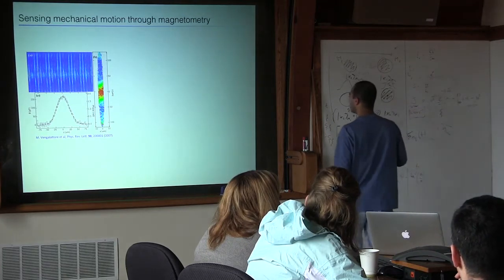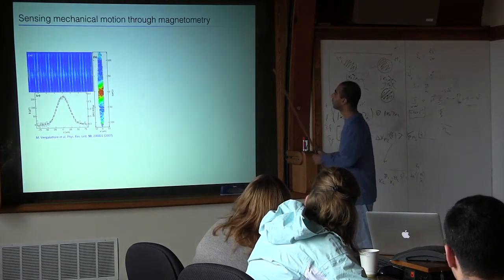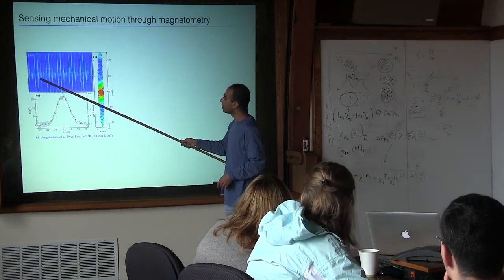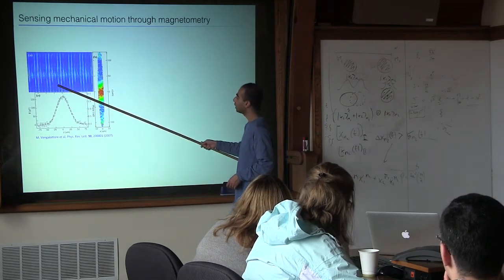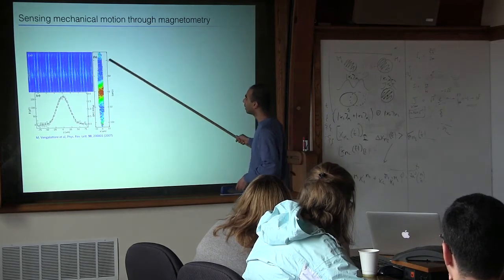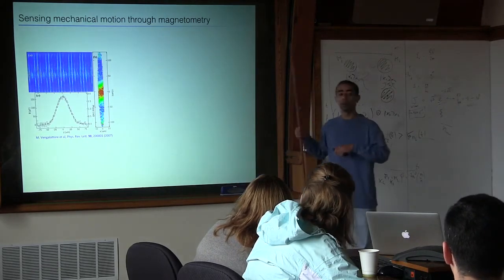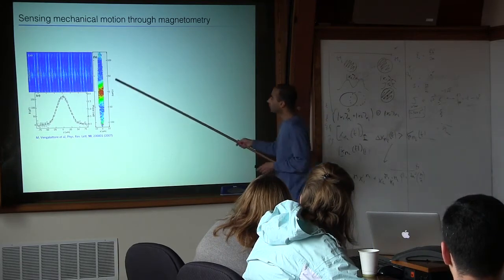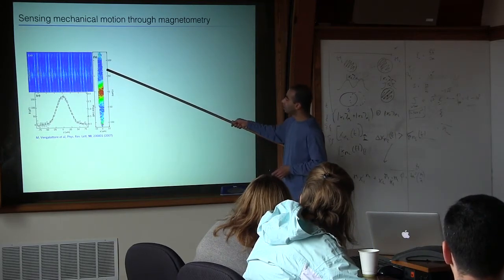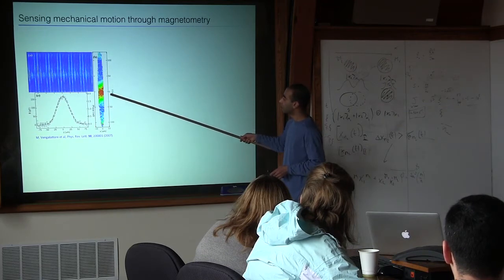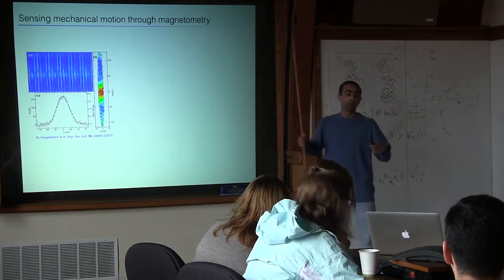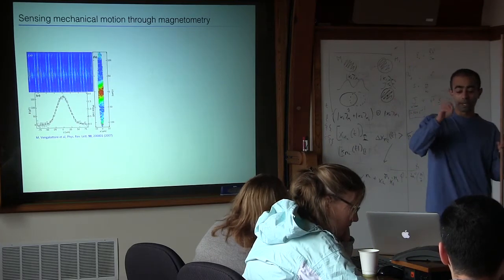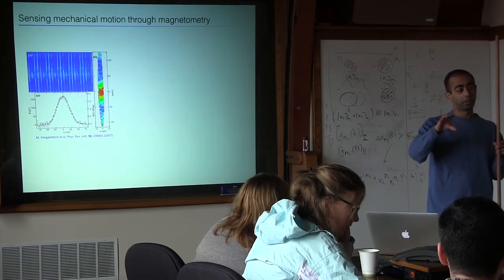And we can do this on a pixel by pixel basis, meaning that we can say, what is the field at this location in comparison to the field at this location? And we can use this kind of a movie frame to build up a 2D map of the local magnetic field. You can see that on this color scale here, the field is small here, the field is large here, the field is small here, which is precisely what we did in this experiment, which is we created a local magnetic field in the center of the condensate, which is actually larger than at the sides.